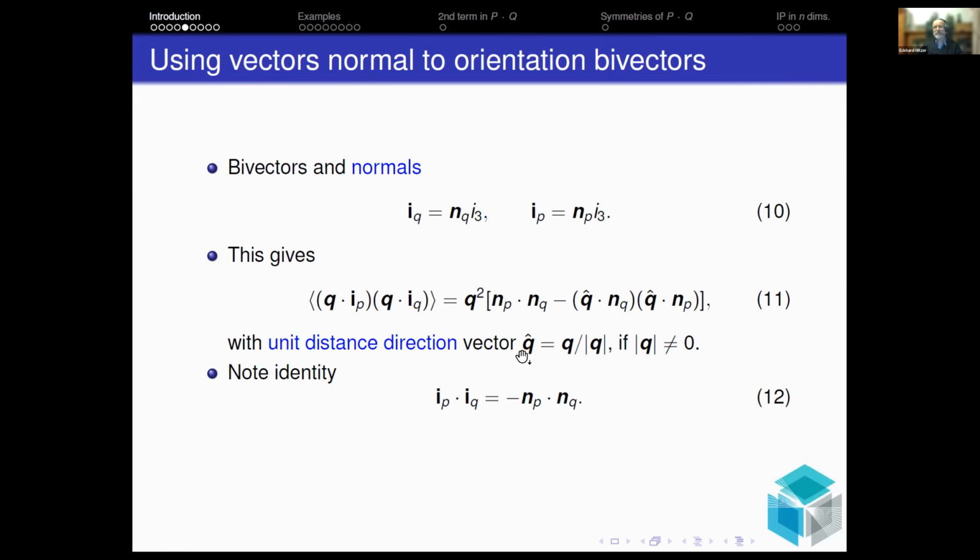And q hat is this unit distance direction. So q squared is the square of the distance. And now you can also use this identity that, based on 10, IP dot IQ is minus NP dot NQ.